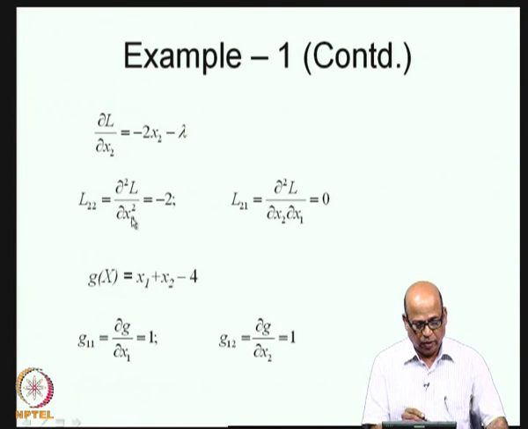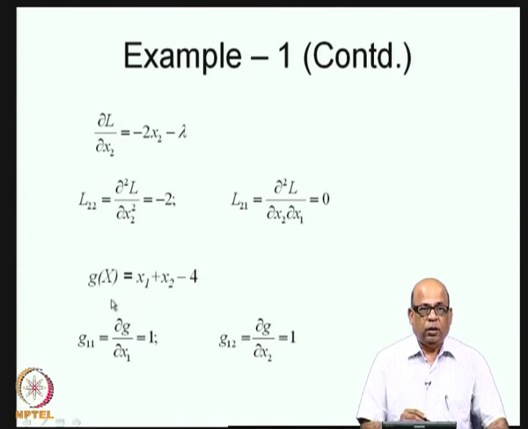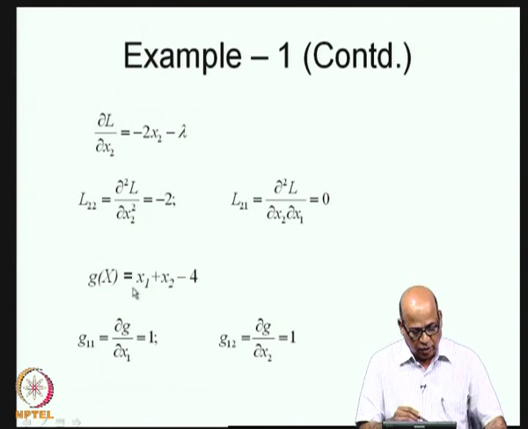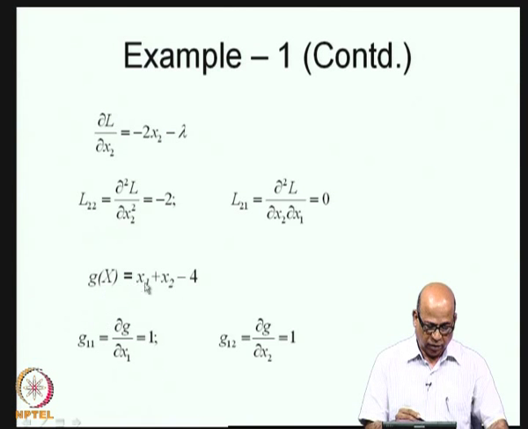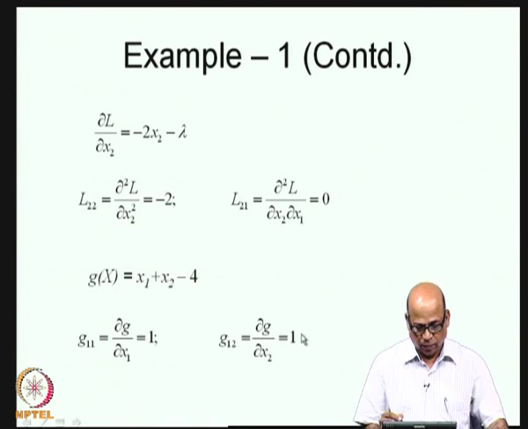So, d square L by dx2 square will be minus 2, and d square L by dx2 dx1 as before will be 0. And you have the constraint g of x, which is equal to x1 plus x2 minus 4. This we differentiate with respect to each of the variables. So, dg by dx1 is equal to 1 and dg by dx2 will be equal to 1 also.